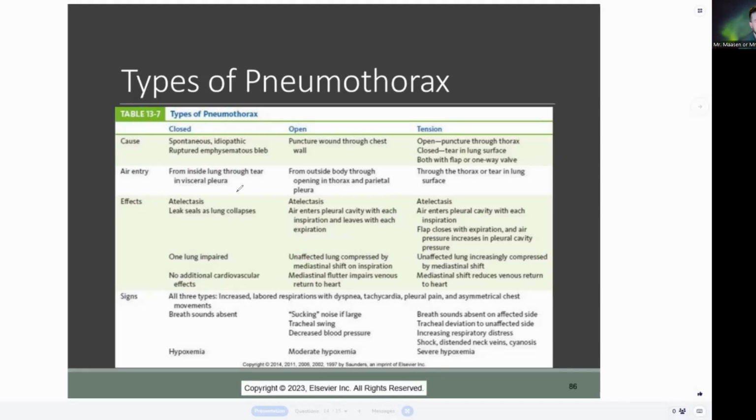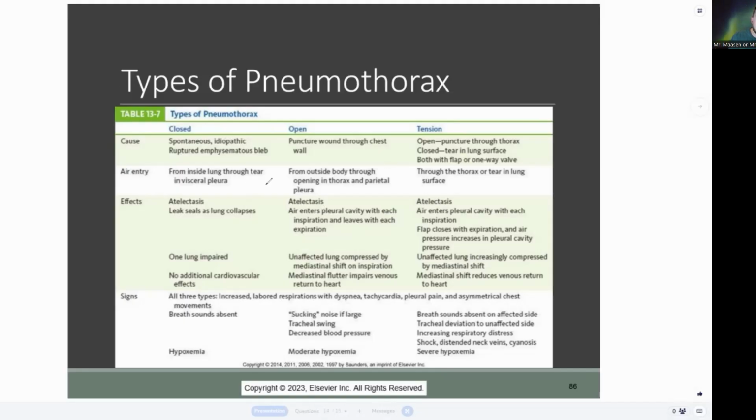And so if I make a hole into the lungs or the pleural space from the chest cavity, like in a stab wound or puncture, then air will rush in and collapse the pleural cavity, then collapse the lung, causing pneumothorax.